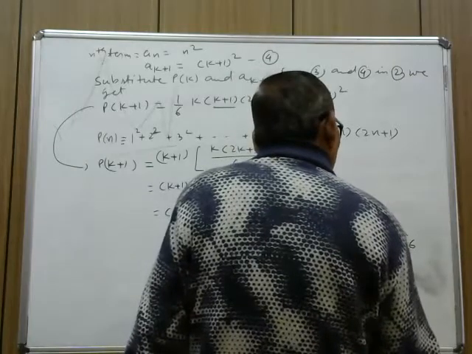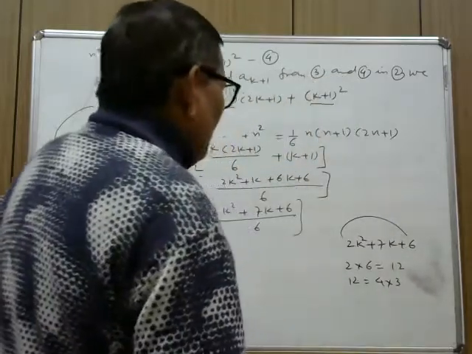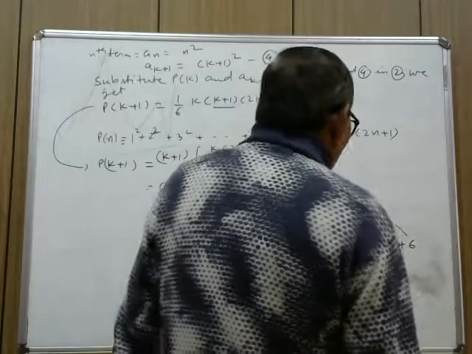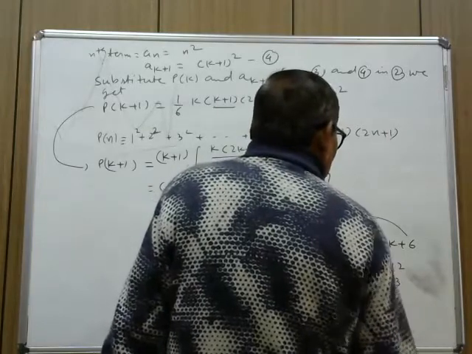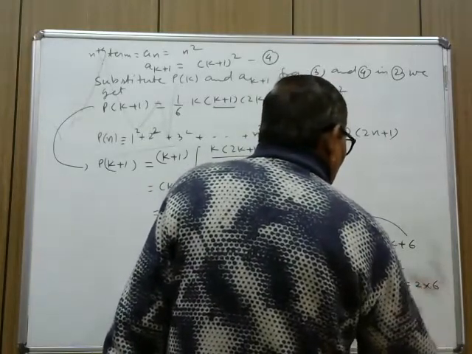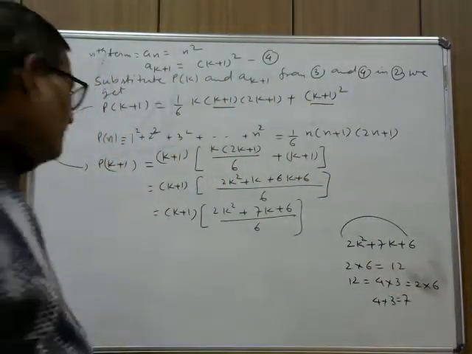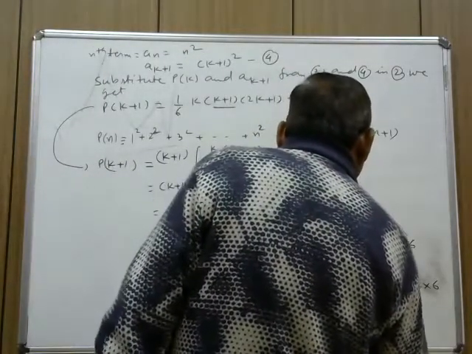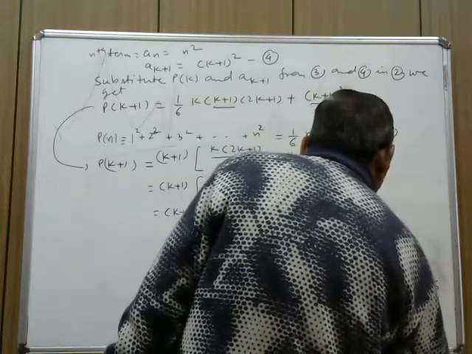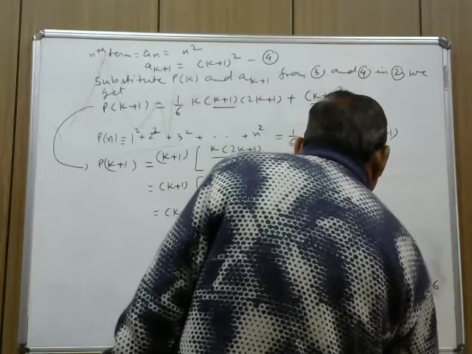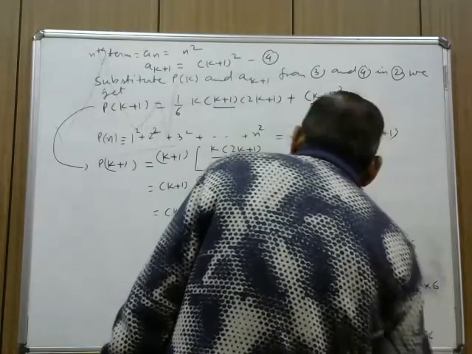So 12 can be written as 4 into 3. 4 into 3 is 12, that is equal to 2 into 6, and 4 plus 3 is equal to 7, that is the coefficient of k. So in this way you can write 2k square plus 7k plus 6 equal to 2k square plus 4k plus 3k plus 6.